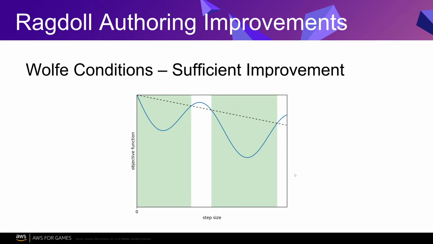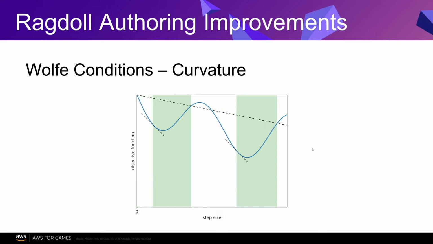The first is that in order to accept a value of alpha, the step size, we want the objective function at that position to have improved compared to our current value by an amount which scales with the size of the step. So basically you want it to be below this dashed line here. And I've highlighted in green the regions which are acceptable on the basis of that condition.